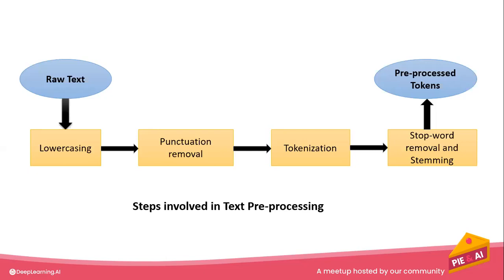In stop word removal, we remove the words which have little or no semantic weight. So words like and, or, then, be, is, this. These words do not have much significance, do not have much weight.